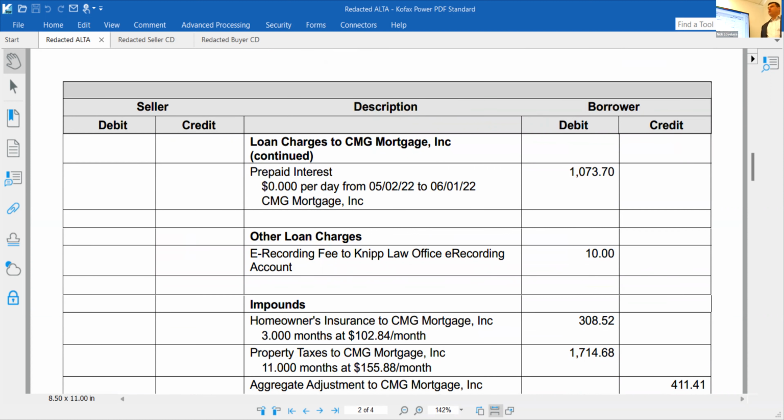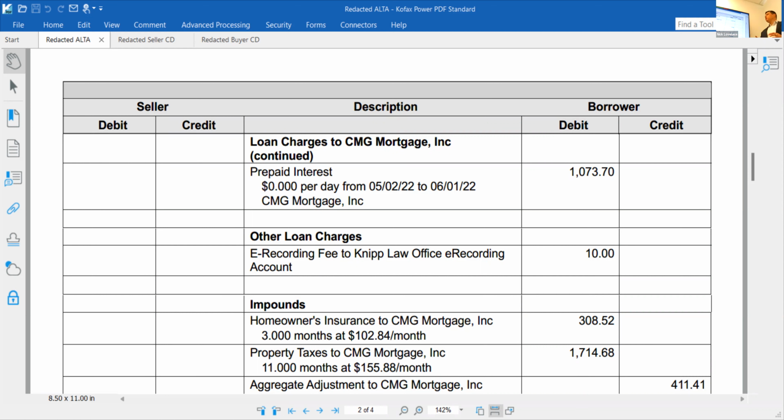Now the prepaid interest, I do always explain, because people do ask, hey, what is that? So when you're paying mortgages, you're always paying in arrears. So you're paying for the month that you just completed. So in this case, your client's closing on May 6th, but they're paying interest from May 6th to June 1st.